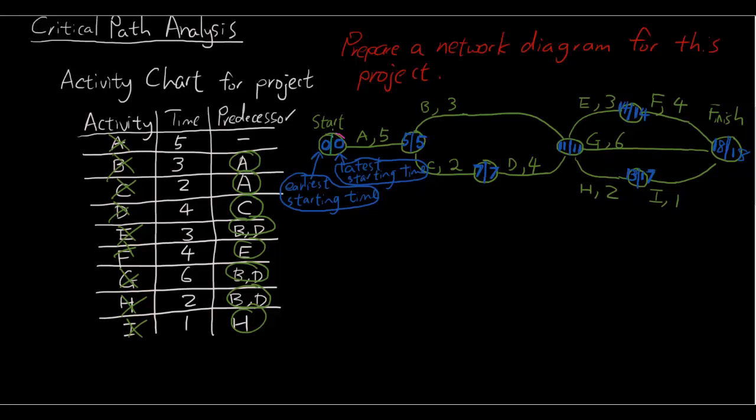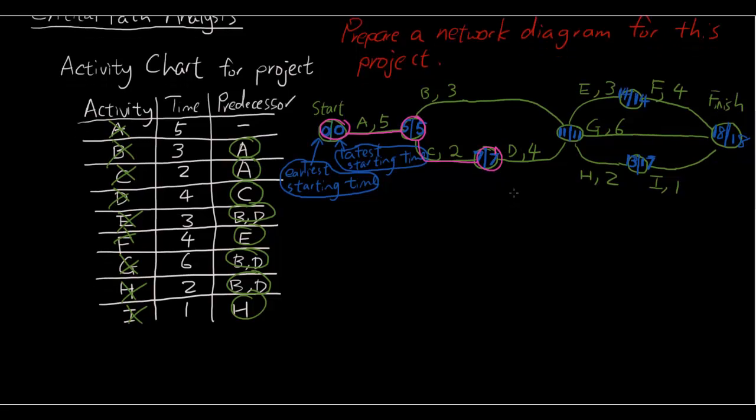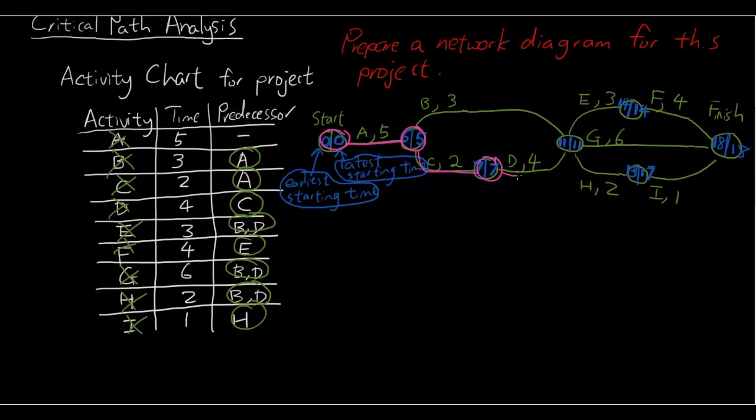So basically from here, the starting point, to here, to here, to this node, to this node, to this node. Right, along this path, the earliest starting time and the latest starting time are the same. And this pink line is what we call the critical path.